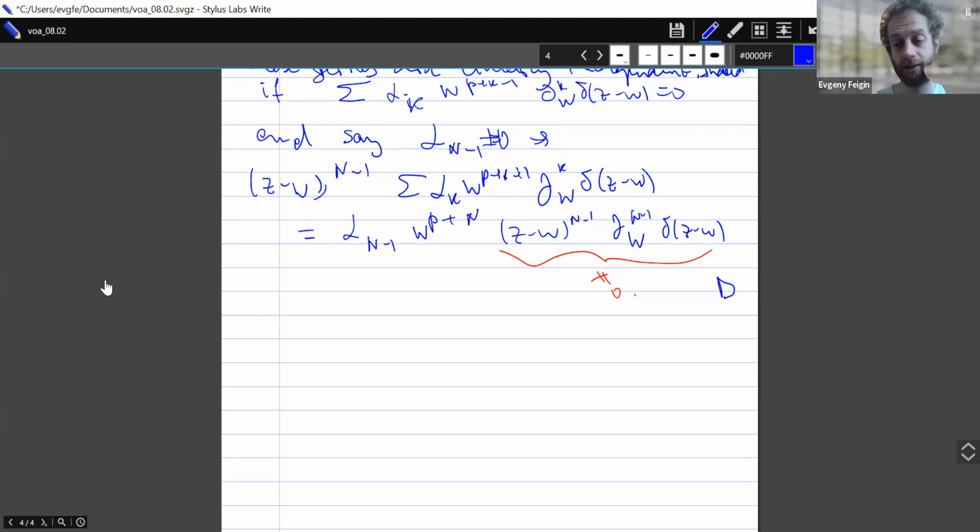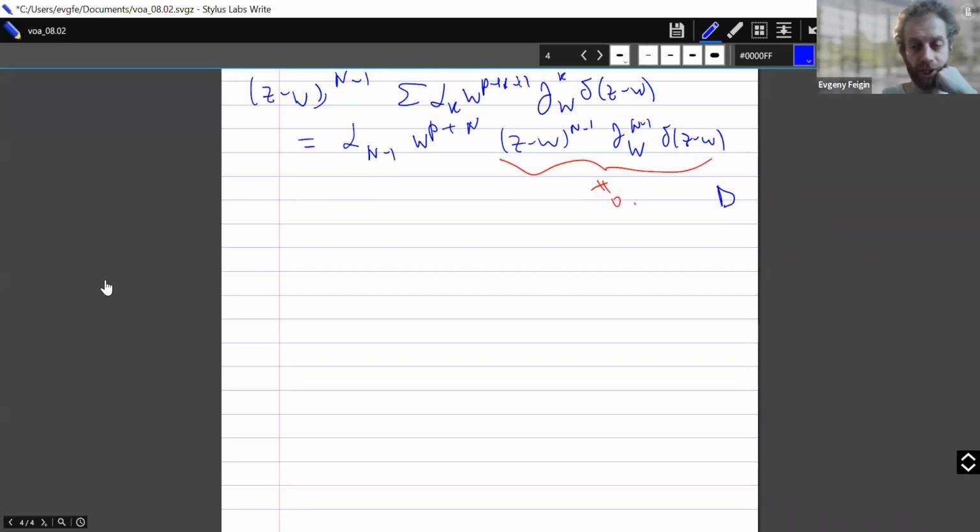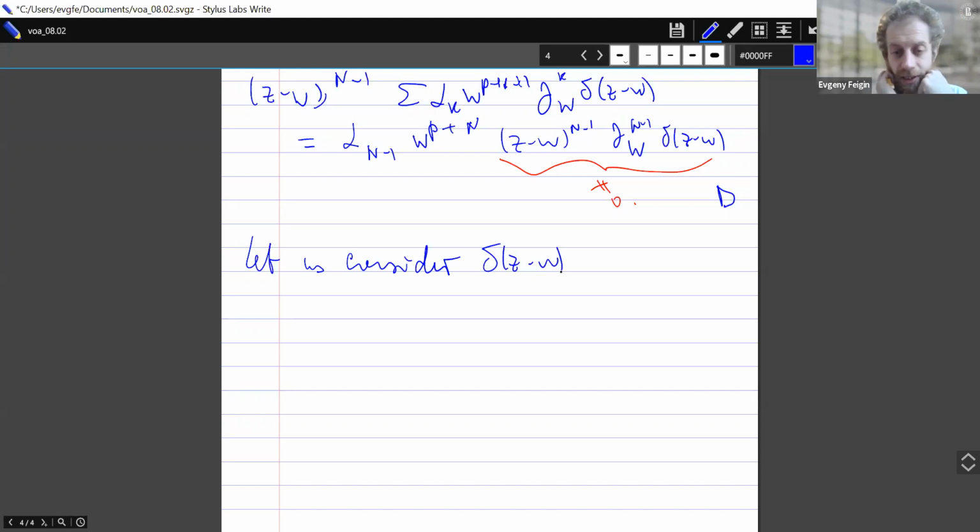Okay, so then let's consider the delta function again. By the very definition, this is a series in Z and W, and so let me ask you the question: is it true that delta of Z minus W?